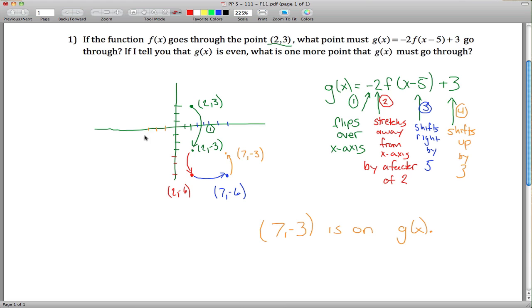In order to be symmetric over the y-axis, if the point (7, -3) is on our graph, then this point over here at (-7, -3) is also on our graph. So if g is even, (-7, -3) is on g of x. Finally, that's the answer to the solutions for this perfect problem.